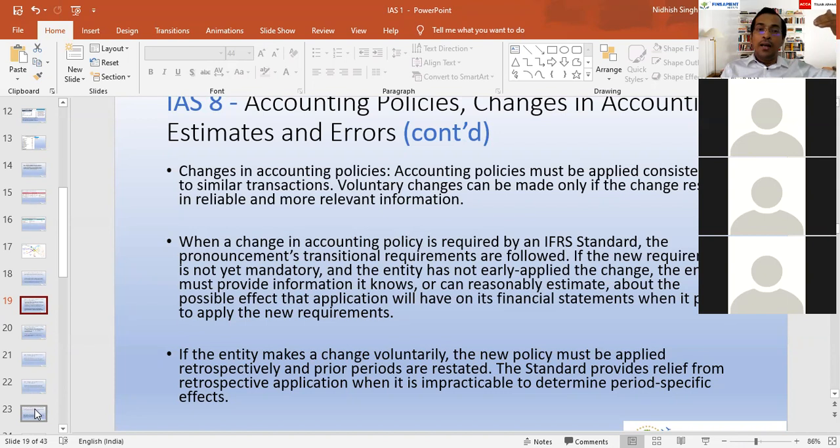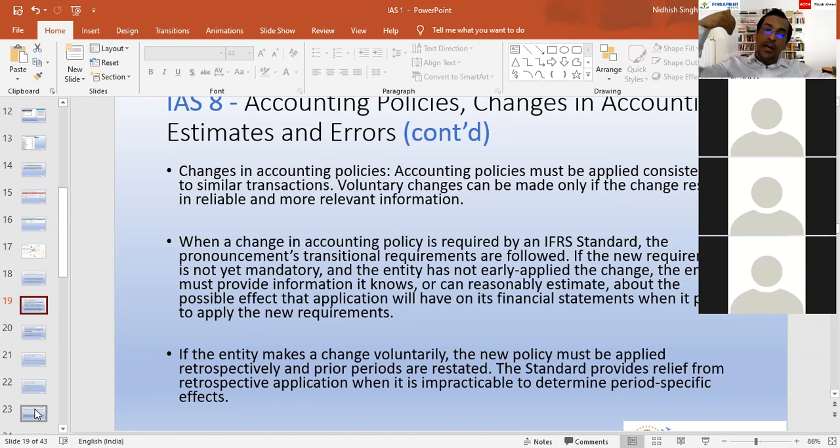So the opening of last year, like if I am preparing the balance sheet for December 2020, my comparative will be December 2019. But what will be the opening number for December 2019? January 1, 2019. So I have to also amend the opening balance for January 2019, because if I change the accounting policy, there is a likely impact on the opening number of 2019 as well.